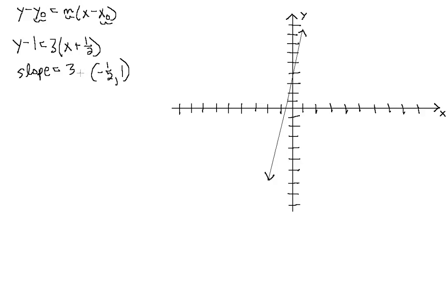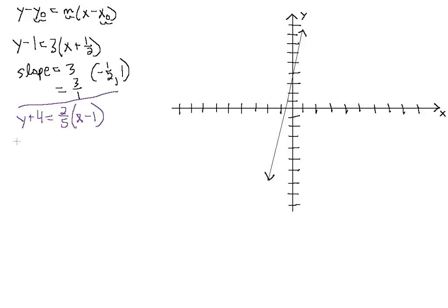And if it helps, we can rewrite the slope as 3 over 1. I like to use the slope as a fraction because we can clearly see the rise over run. Okay, let's do some more examples of this. Let's say we want to graph the equation y plus 4 equals 2/5 times x minus 1. All right, so we need to pick out a few pieces of information.